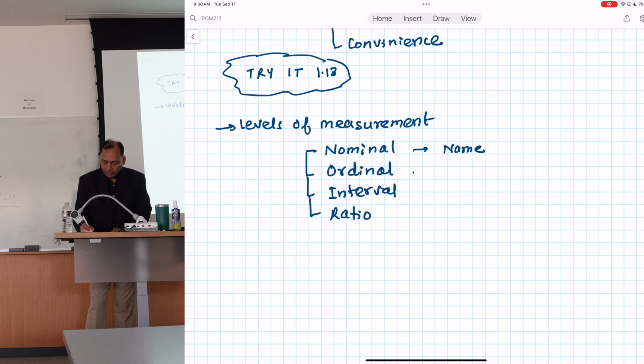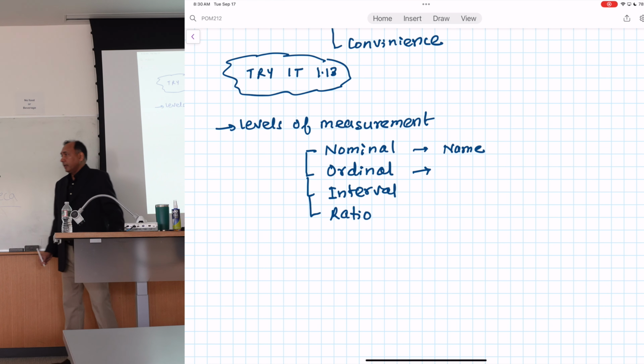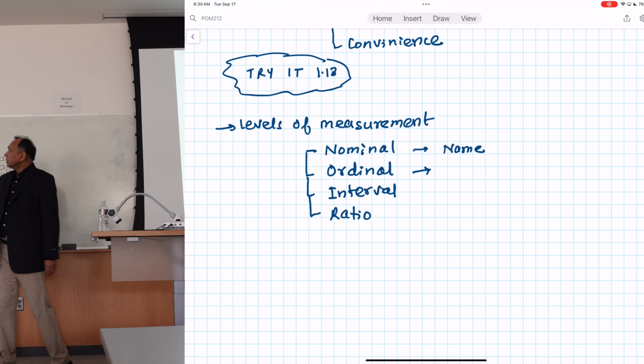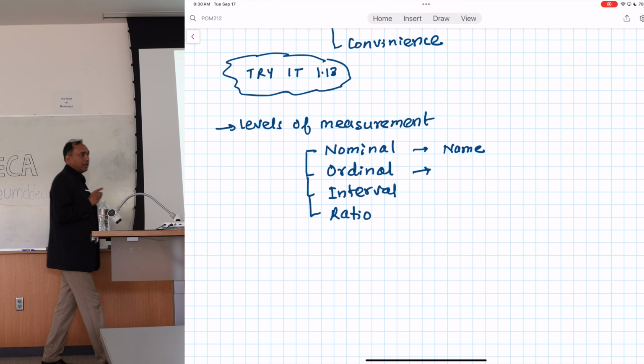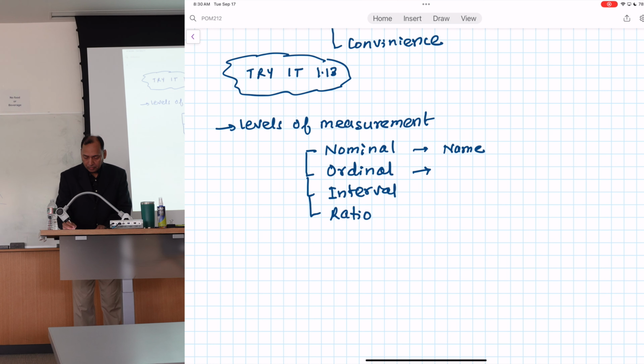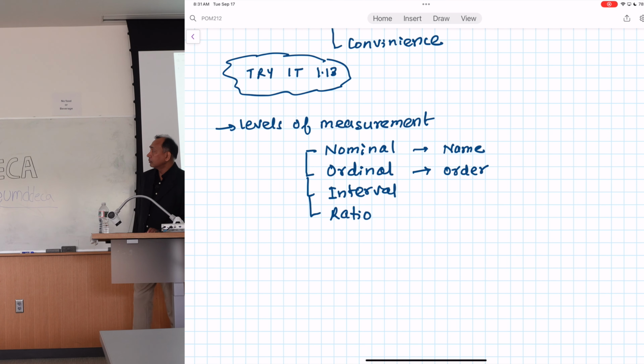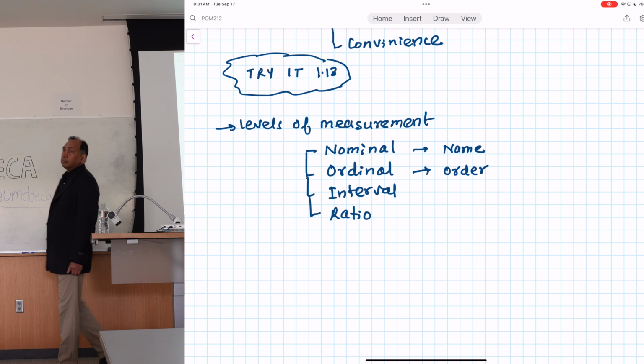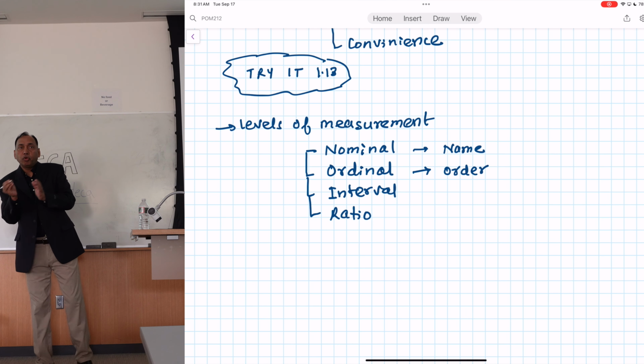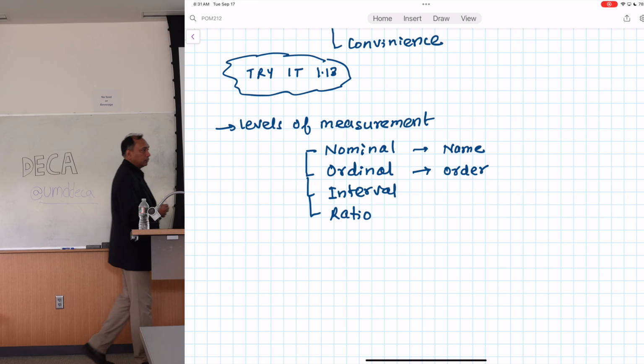Slightly higher level of data is ordinal data. So ordinal data, as the name suggests, there is some order to this kind of data. So data points that can be put in some order.